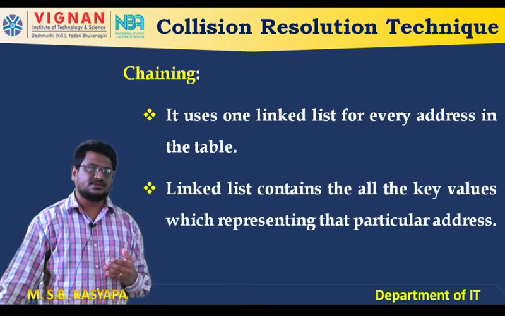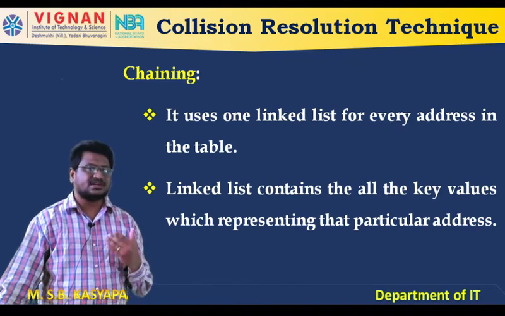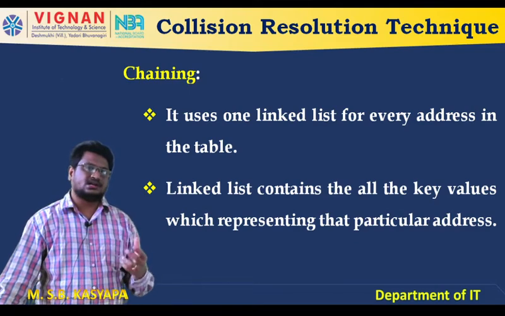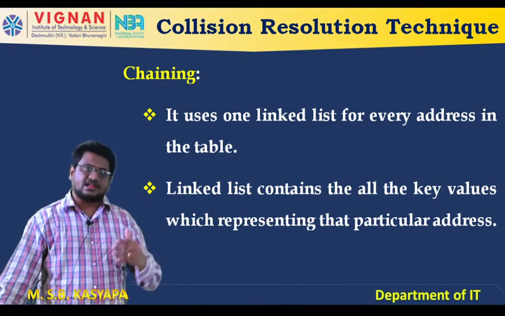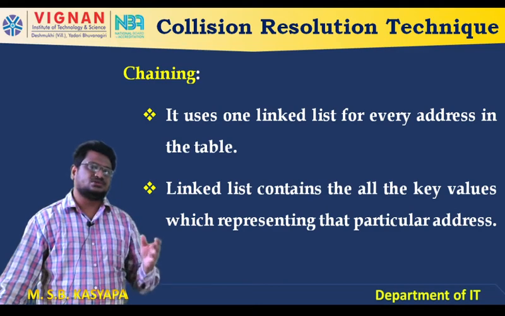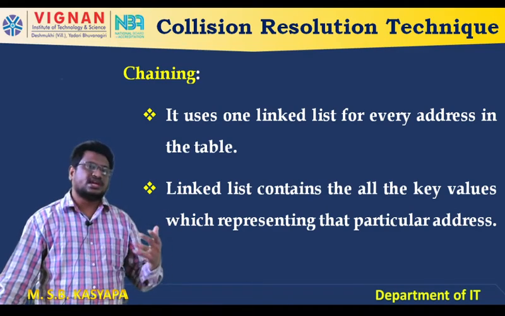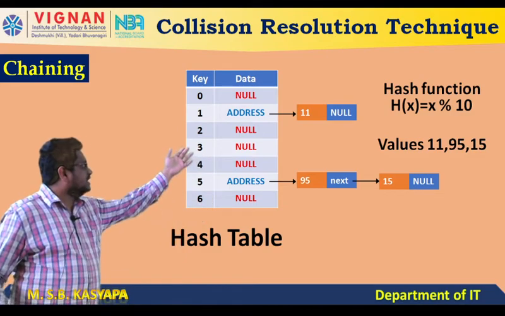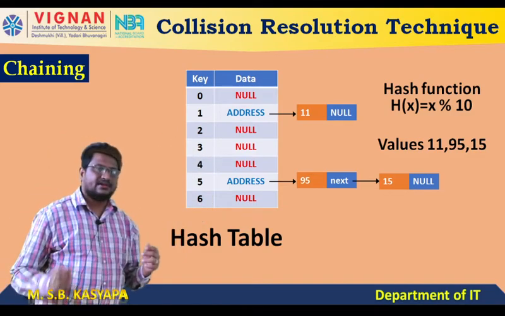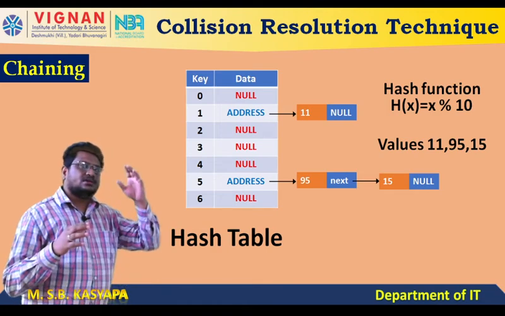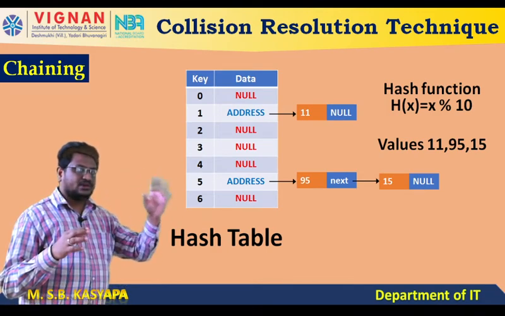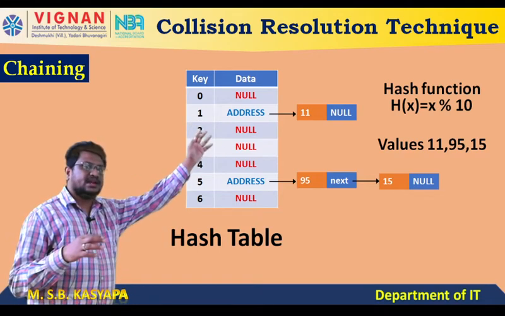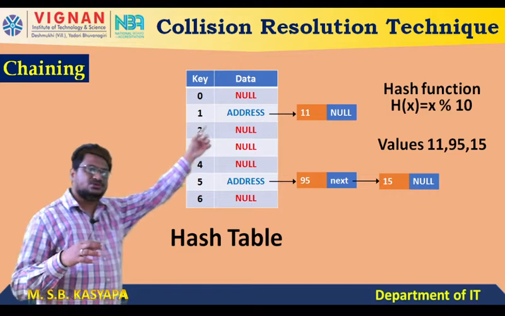So, what is chaining? In chaining, if a collision happens at an address, whatever values are representing the same address will all be stored in a linked list in this manner. Here, 11 is representing 1, and only one value is available, so 11 creates a separate linked list for 1 and stores only one value.